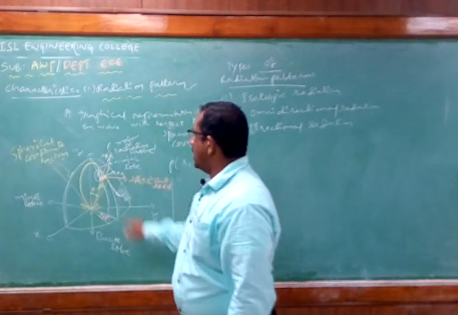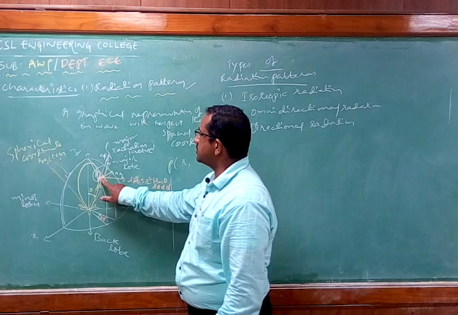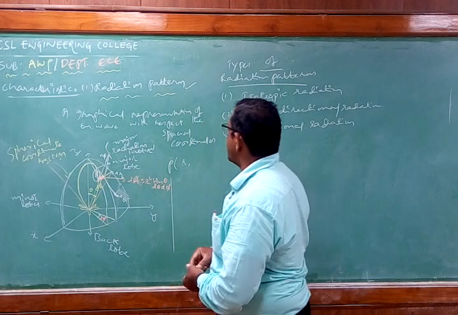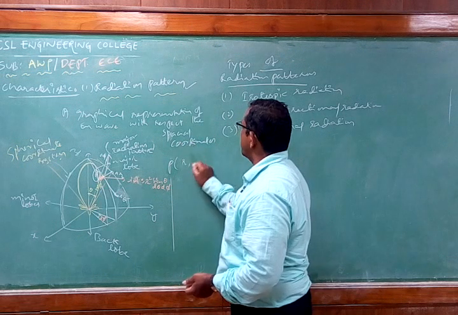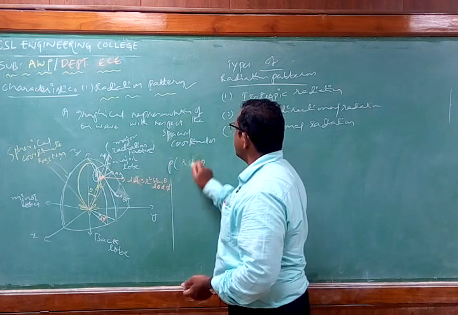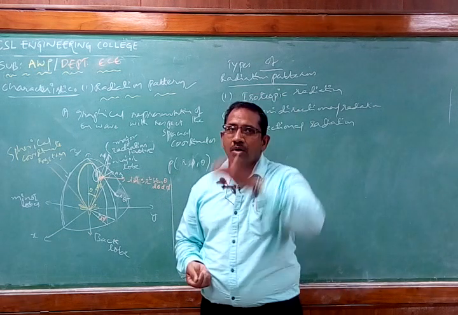So let us suppose we consider the surface of this sphere, and the surface happens to be at some point P. This point P I can write as R, phi and theta. So these are the various points on the spherical coordinate system.